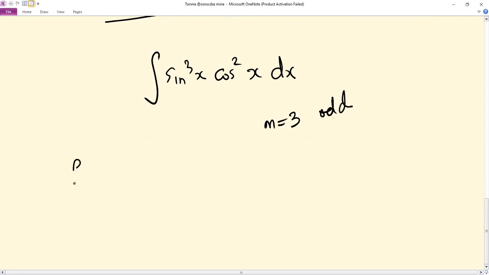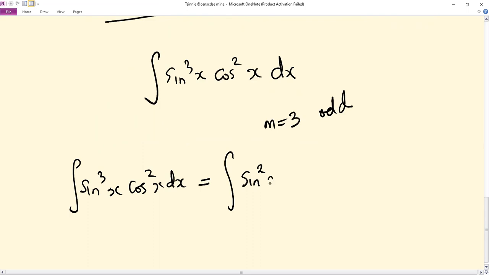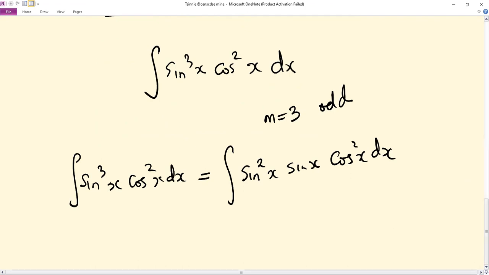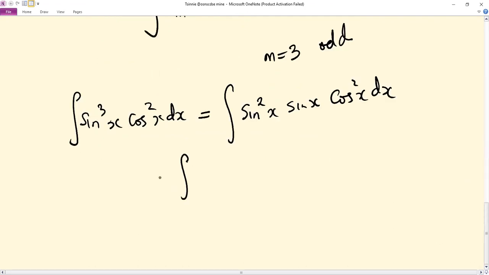So we write this integral of sine power 3 x cos squared x dx as the integral of sine squared x times sine of x and then cos squared x dx. And then in place of sine squared we replace it by 1 minus cos squared x, and then sine x and then cos squared x dx.